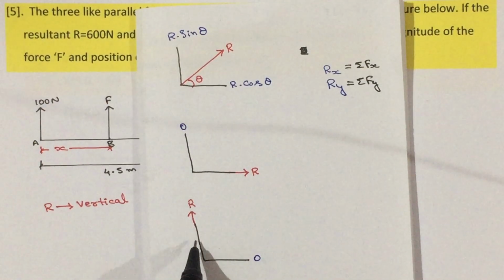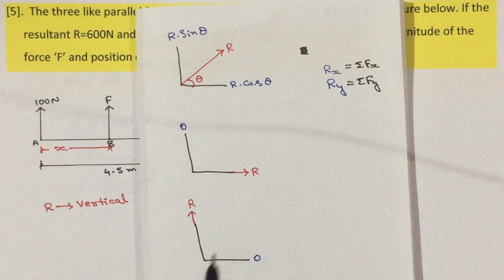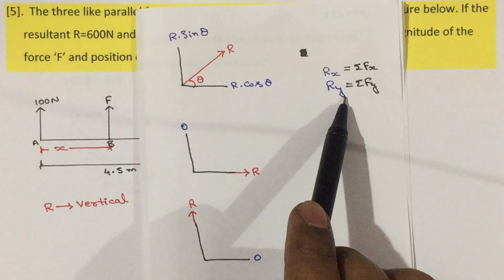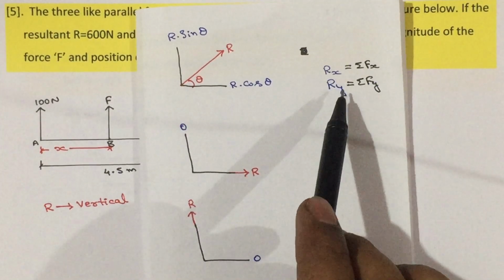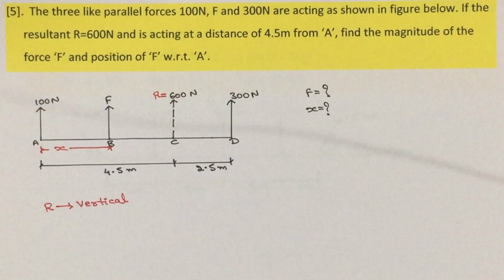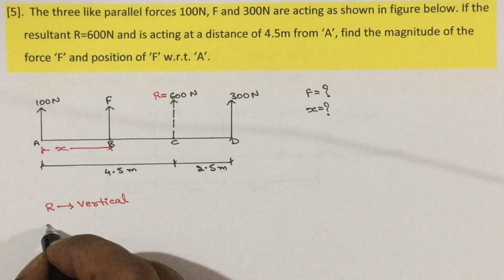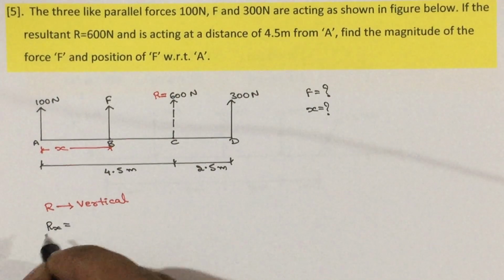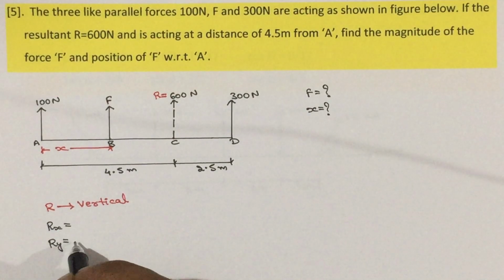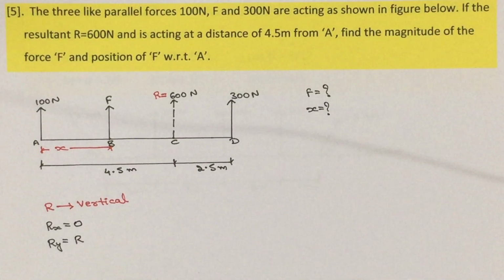Here the resultant is acting vertical, so the vertical component will be R and the horizontal component will be 0, where Rx and Ry are the components. Rx will be equal to sigma Fx, Ry will be equal to sigma Fy. Since R is vertical, Ry is equal to R, Rx is equal to 0.